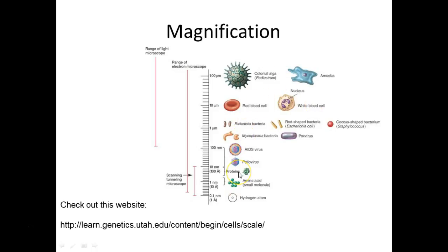If you want to see much smaller microbes like viruses, you've got to go to an electron microscope. And then there are even fancier ones that your book doesn't discuss, scanning tunneling microscopes, that nowadays can actually see at the atomic level. See individual atoms.